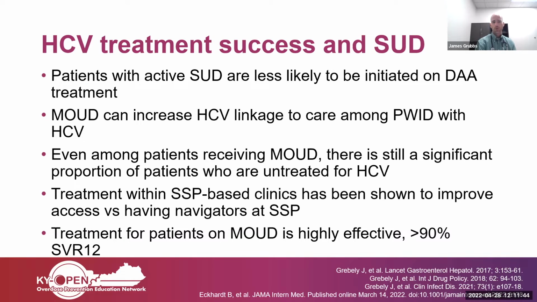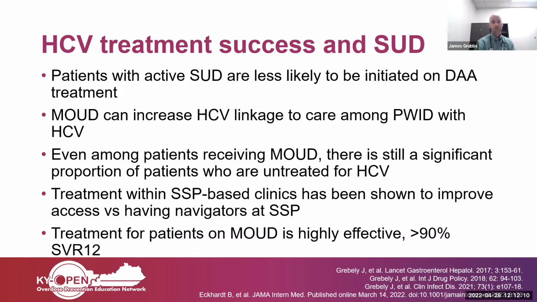People who are on medication for opioid use disorder are more likely to be linked to hepatitis C care and treatment. But even among patients on medication for opioid use disorder, there's still a significant proportion who are receiving that care but aren't receiving care for their hepatitis C. That's a gap in how we deliver care.